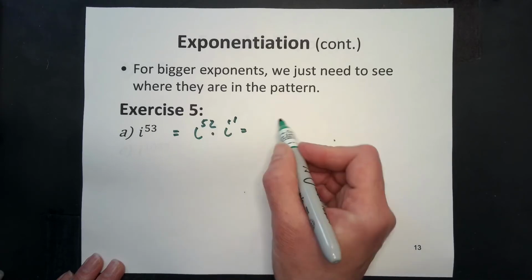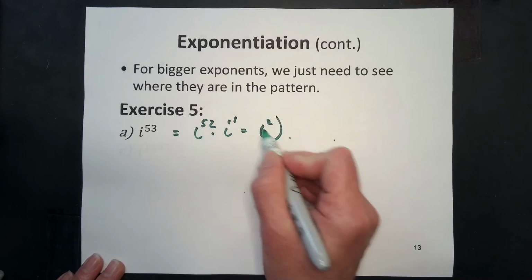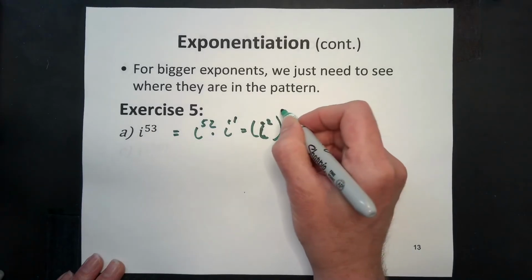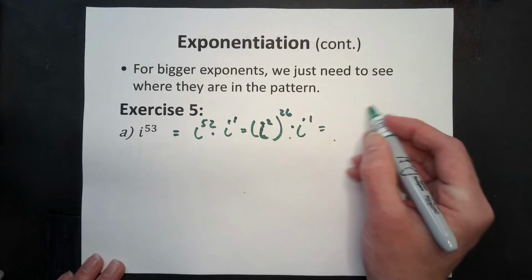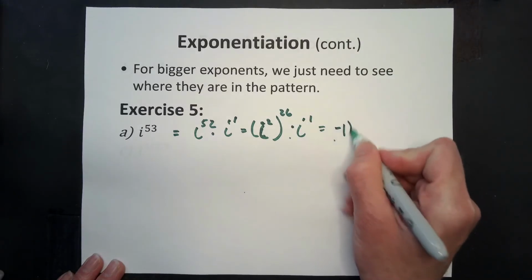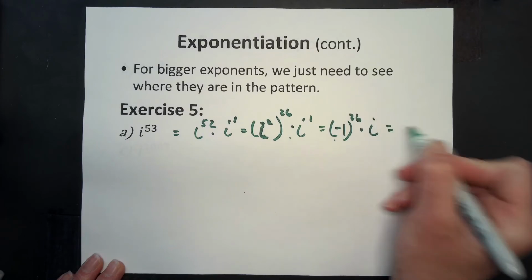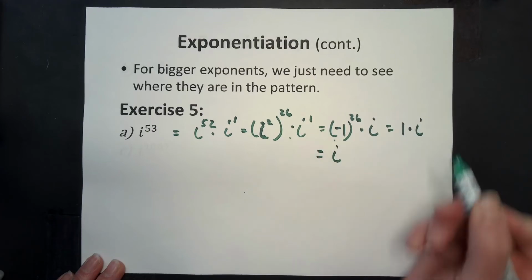Now I divide this by 2, and I'm going to get i squared all raised to the 26th, times i to the first, and that's going to give me negative 1 to an even power times i, and so negative 1 to an even power is 1 times i, and this is going to be i.